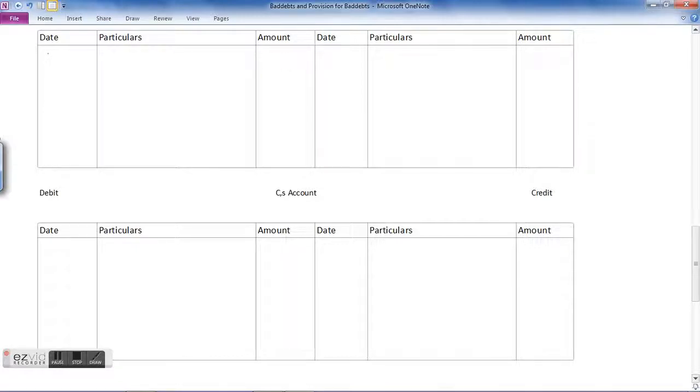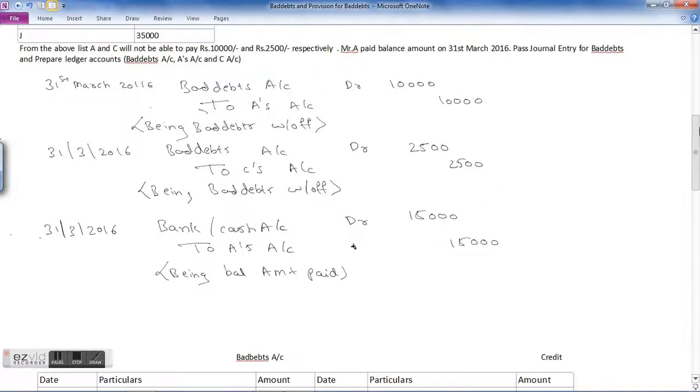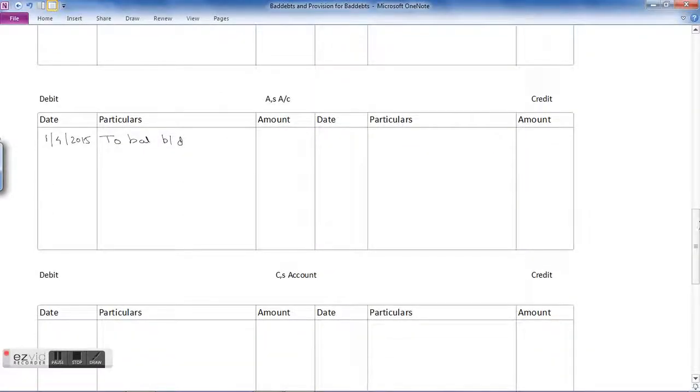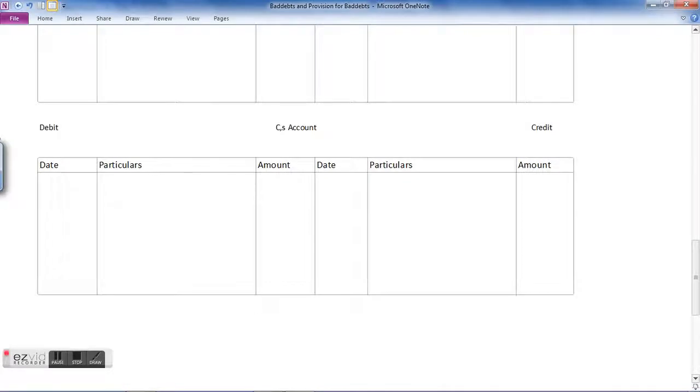Let's assume all these balances are at the beginning of the year, 1/4/2015. To balance brought down: for A it was 25,000, and for C it is 2,500.